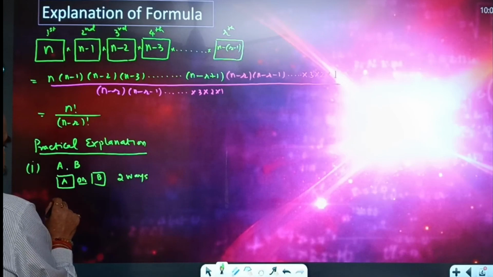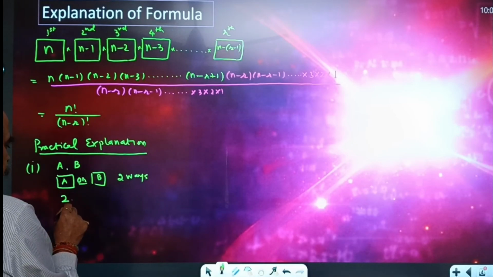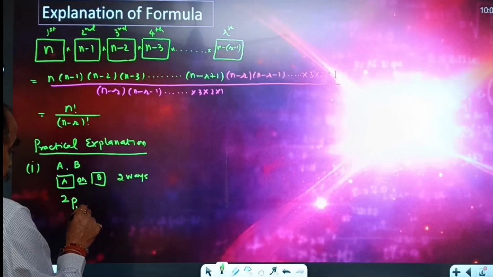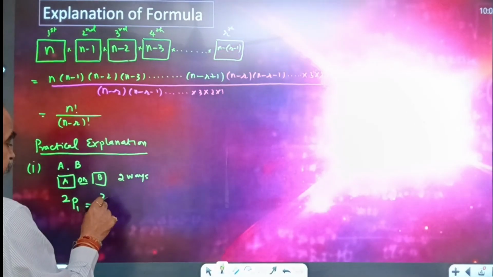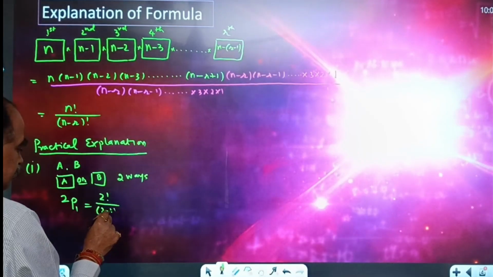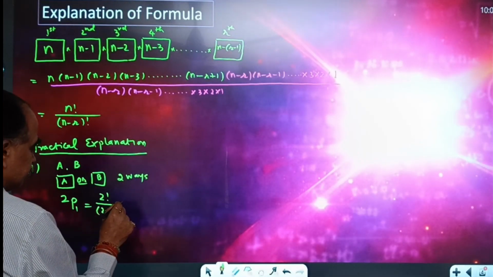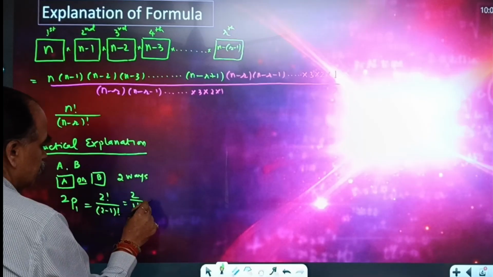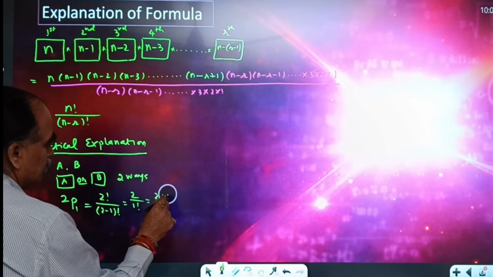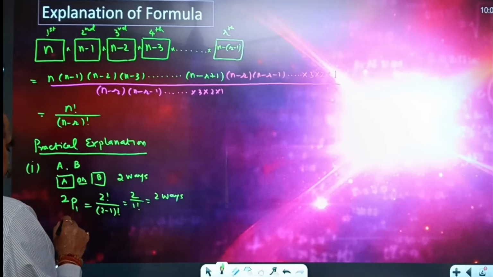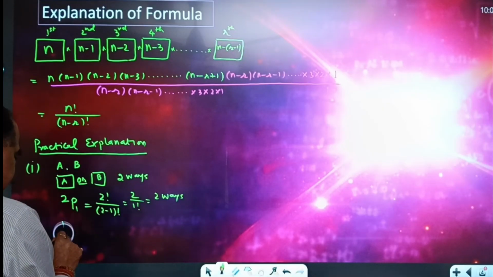By formula, out of two persons arranging one person is 2P1, which is 2 factorial upon 2 minus 1 factorial, that is 2 ways.